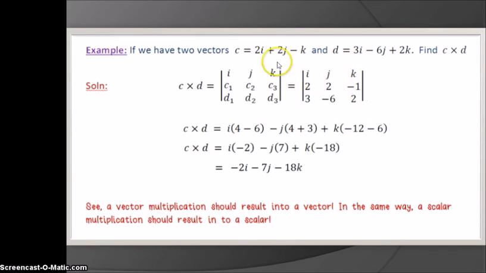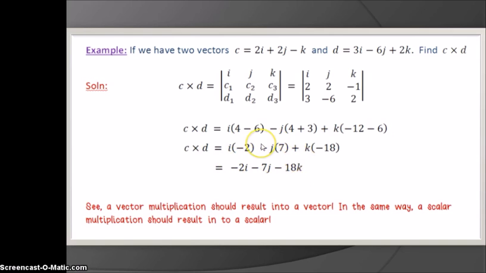So substituting what we have in our equation, we have 2, 2, negative 1, which are all components of c, then 3, negative 6, 2, which are all components of d, will now give us that c cross d is equal to, perform this, you get 4 minus 6, negative j, 4 plus 3, plus k, negative 12 minus 6, which boils down to this.